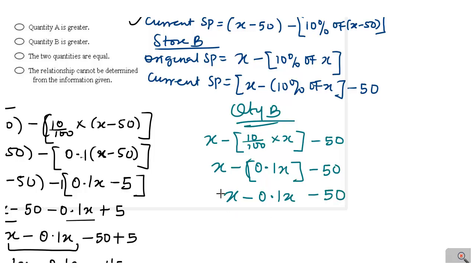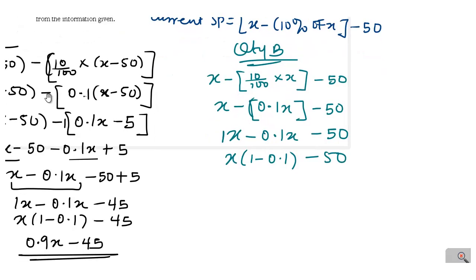50. This is like 1x in reality, so we can factor x out. We can say x into bracket 1 minus 0.1, then minus 50. 1 minus 0.1 is 0.9, so that will be x into bracket 0.9 minus 50.